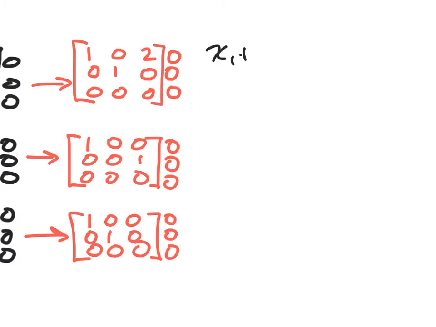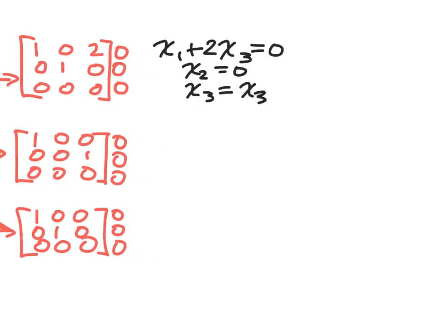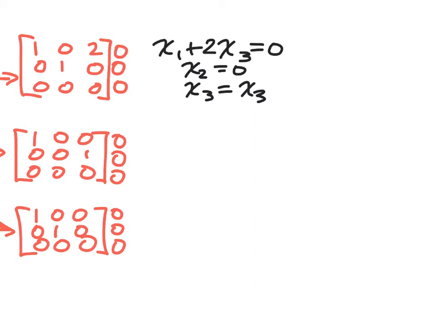So we know it's going to be x1 plus 2x3 is equal to 0, x2 is equal to 0, and x3 is equal to x3. All right, and that in turn corresponds with a vector function, X equals x sub 3.